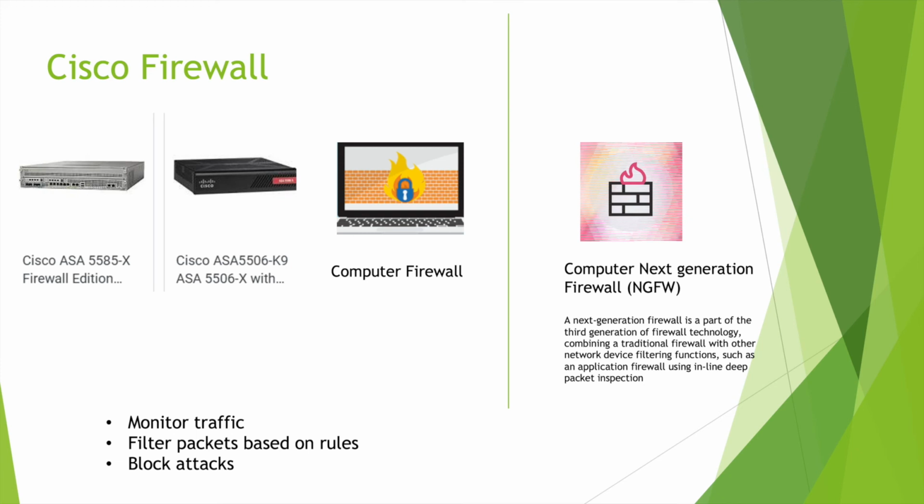It's an application firewall, so your laptop or client machine is safe, and any traffic going in and out is secured. Any kind of attack or hack is stopped by a computer firewall. But on large enterprise networks, you need to have a hardware firewall, just like Cisco ASA.